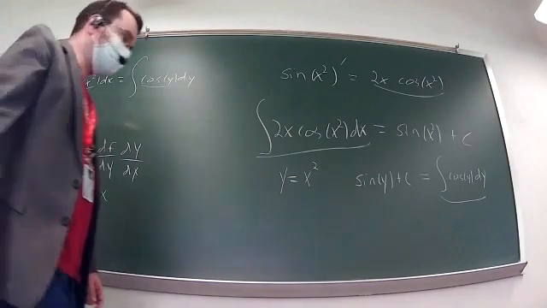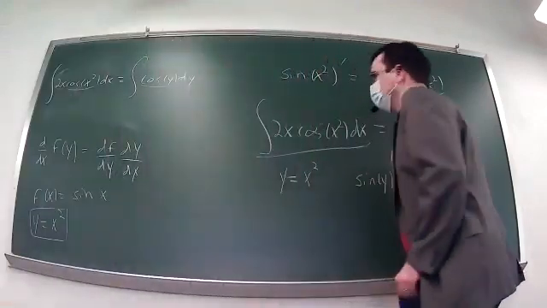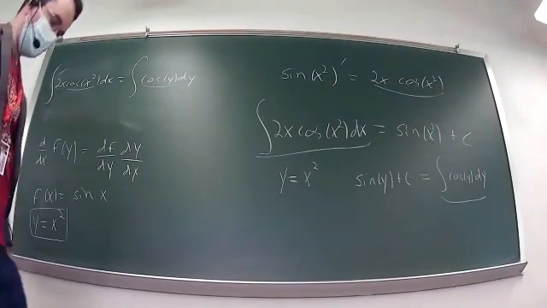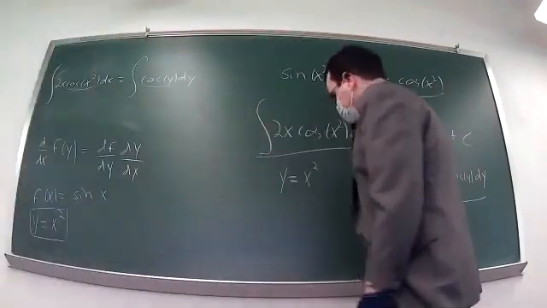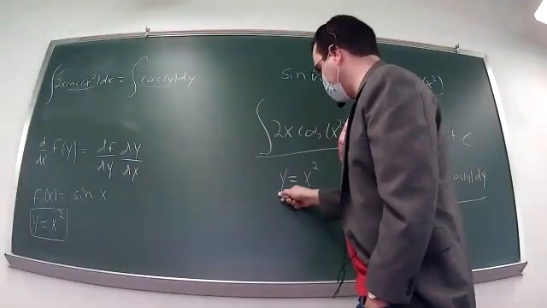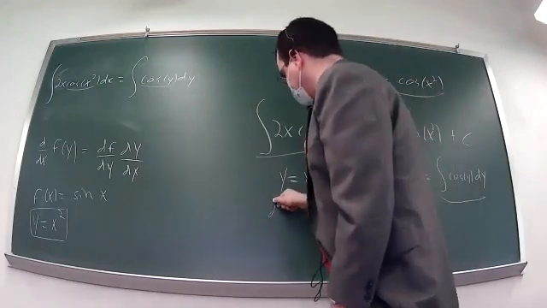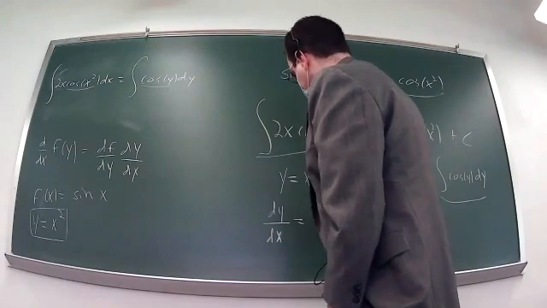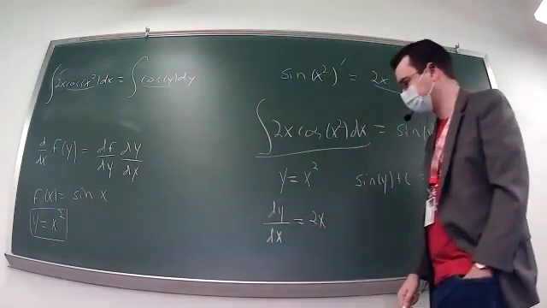And what I'll remark about that, and this is the reason why we use this notation for antiderivatives, is that if y is equal to x squared, dy over dx is equal to 2x.